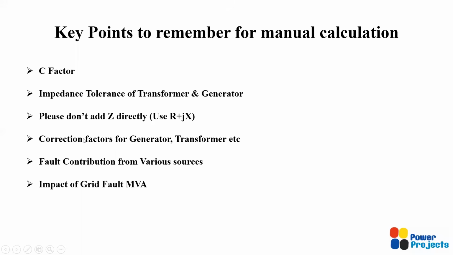And as per IEC, you need to consider the correction factors for generators, transformers, and systems, that is KG, KT, etc. And if you have motors, you need to also include the contributions from the motors. And you need to also include the impact of the short circuit capacity at your HV side. So these are some key points if you are doing a manual calculation. If you do not have software, you need to keep them in mind.